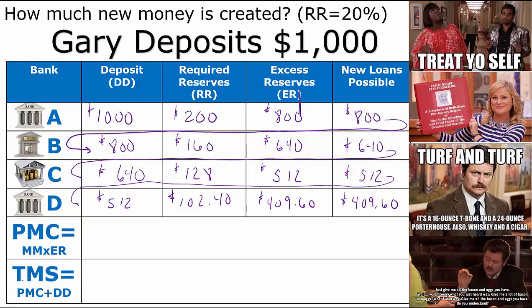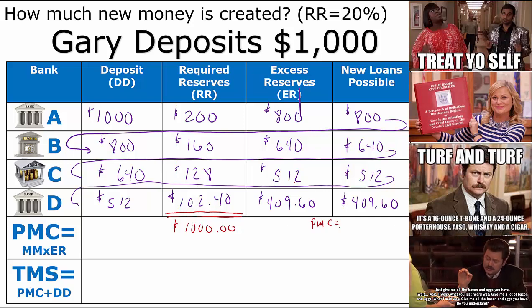Now, this is the cool part. If you were to add up all of these required reserves as it continued, eventually this column would add up to $1,000, because it would be all the currency that exists. The only currency in this system would be the required reserves in all the bank vaults. Those excess reserves are the things that created the loans, and the new loans possible are the potential money created.